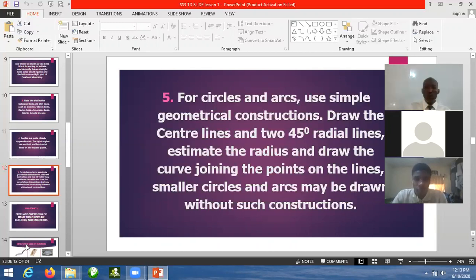It is like when you are to draw a circle, you draw a center line, draw another center line crossing each other, then draw 45-degree radial lines and join the points using freehand sketch, and your line will come out as it should be. Do you get what I'm saying? Yes, sir. All right.